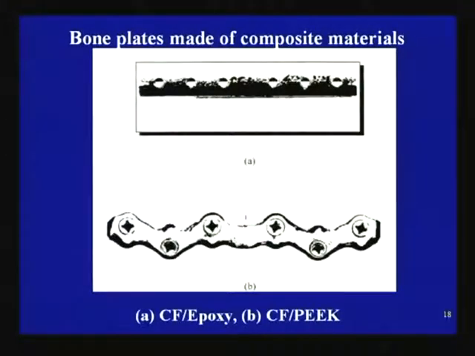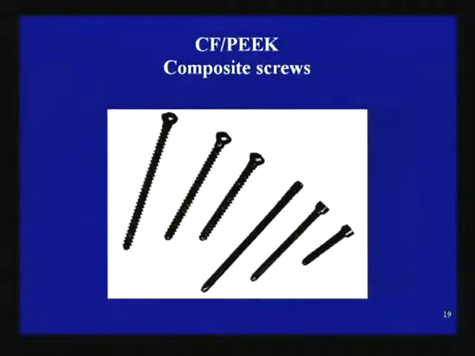These are various photographs of composites made from carbon fiber and epoxy, carbon fiber polyether ether ketone. You see, for joints, bone plates made of composite materials. These are commercially available today, these high performance composites. Although these are used in aerospace, in automobiles for structural items, here also you see those are used as bone materials.